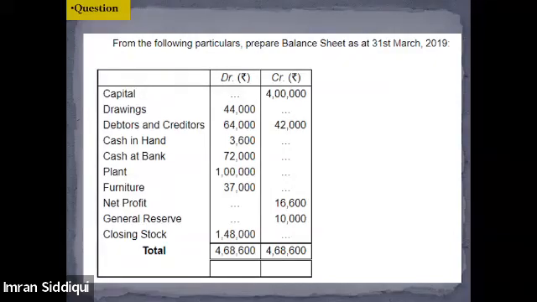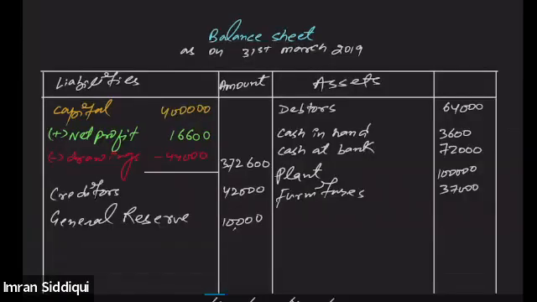Then we have closing stock. Closing stock needs to be recorded because closing stock is a stock. It needs to be recorded on the asset side of the balance sheet. And if you are able to recall, closing stock is also recorded in the trading account.